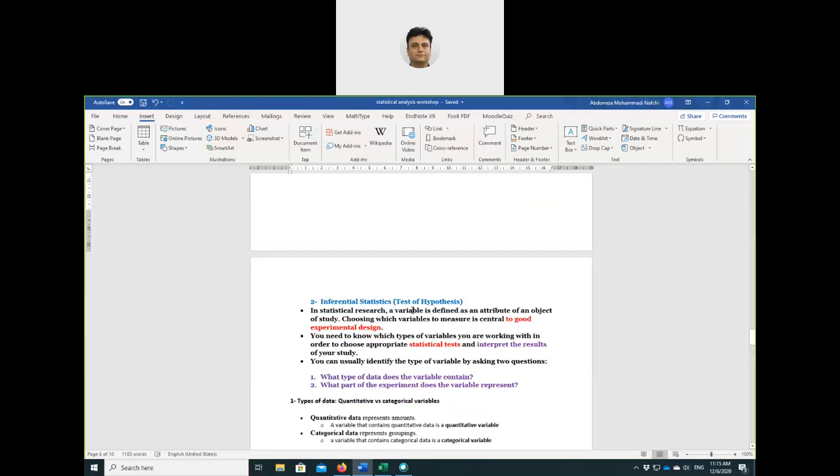Okay, the second part of statistics is inferential statistics, the test of hypothesis. In statistical research, a variable is defined as an attribute of an object of study. Choosing which variables to measure is central to good experimental design, and so is the type of the variable. You need to know which type of variable you are working with in order to choose an appropriate statistical test and interpret the result.